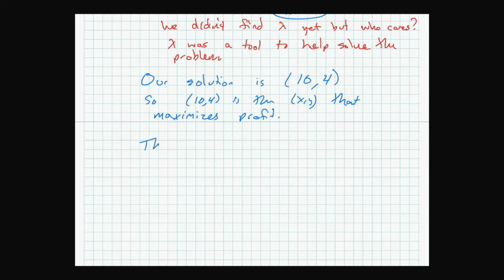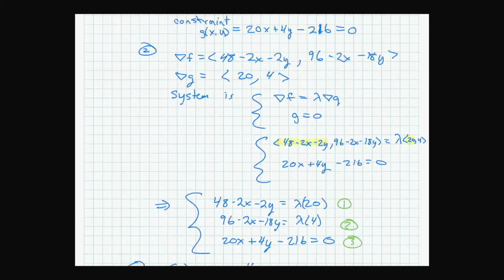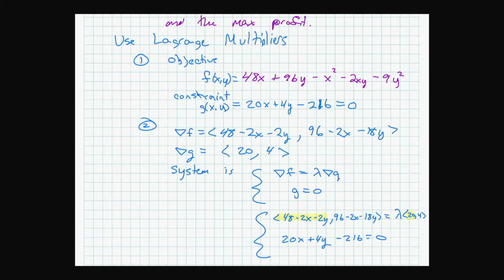And then the other part of the question is what is the maximum profit, and it's f of 10, 4. You just have to work that out. So you have to go to your original f, way up here, duplicate that.